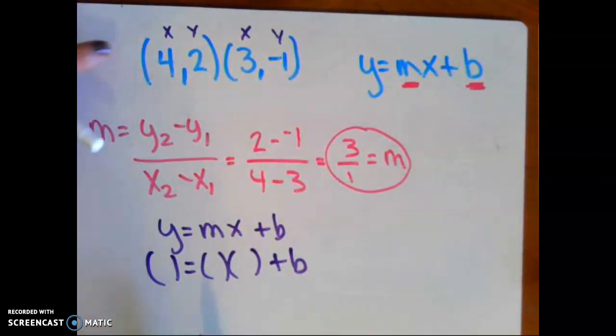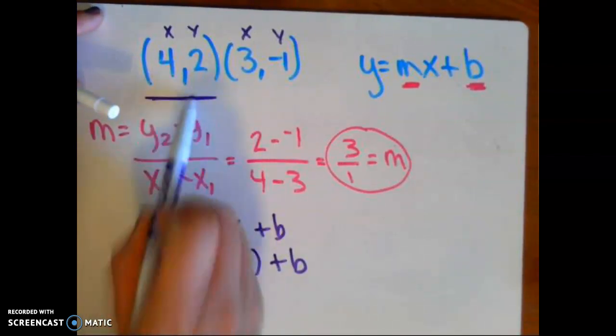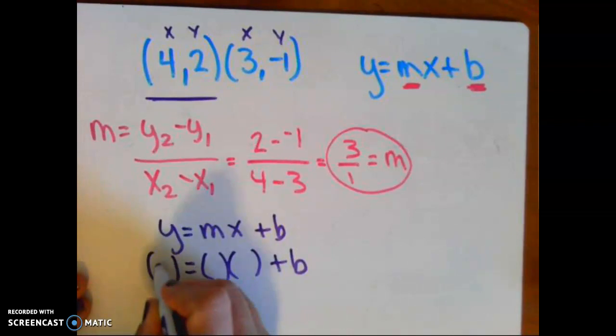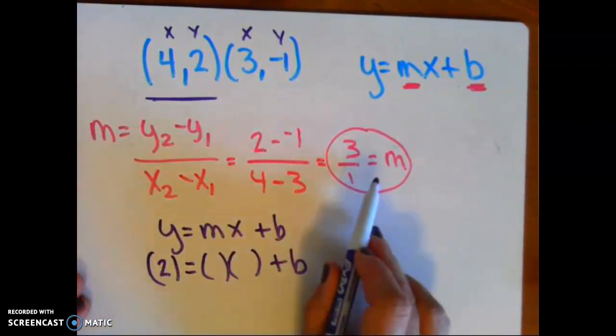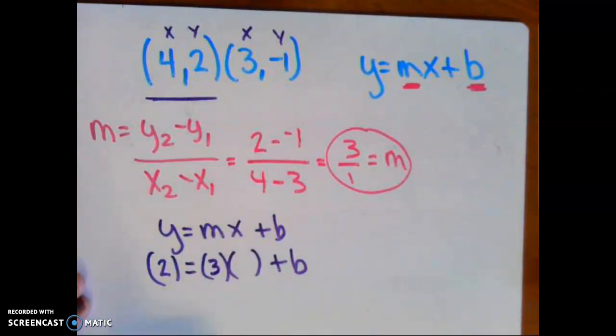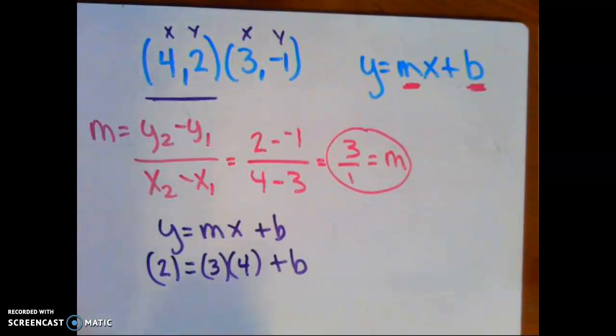So you have a choice right now. We have 2 points up here. We have (4, 2) and (3, -1). You need to select one. I'm going to just use the first one, (4, 2). So that makes my y value 2. I already know my m because I just solved to get 3. And my x is going to be 4. So now all it has become is algebra.